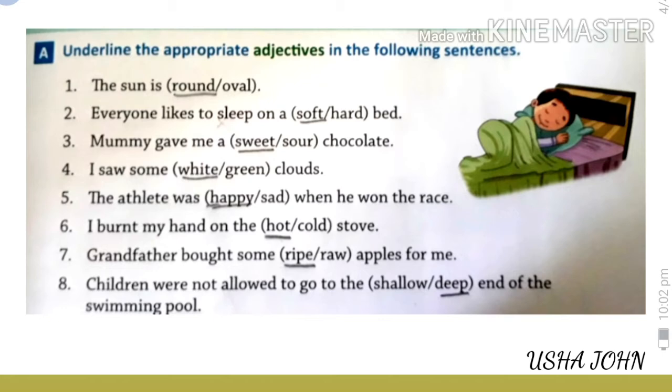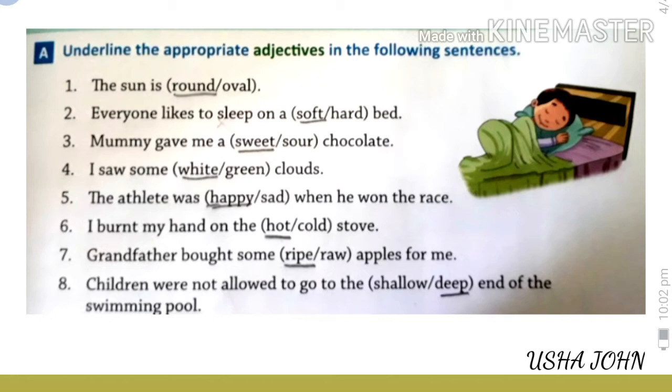Seventh one, grandfather bought some ripe apples for me. What kind of apple? Ripe apples. Eighth one, children were not allowed to go to the deep end of the swimming pool.